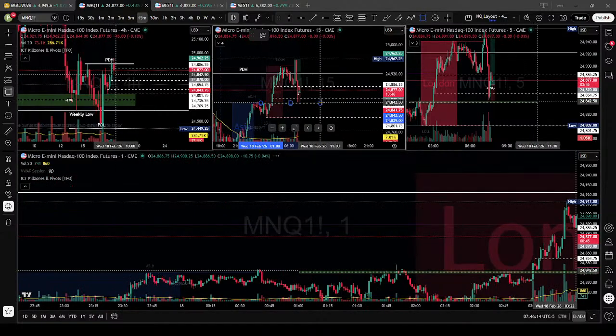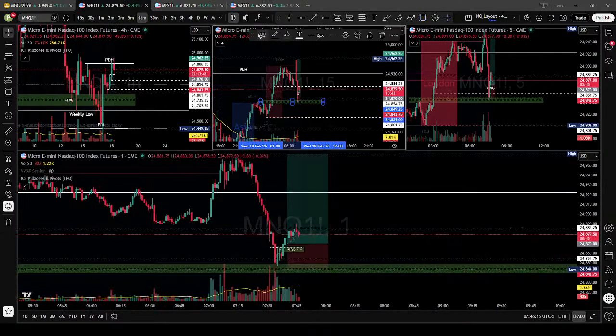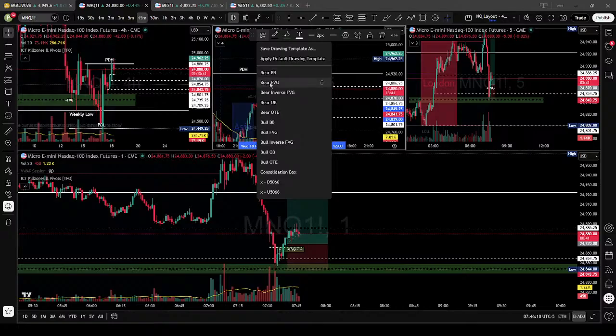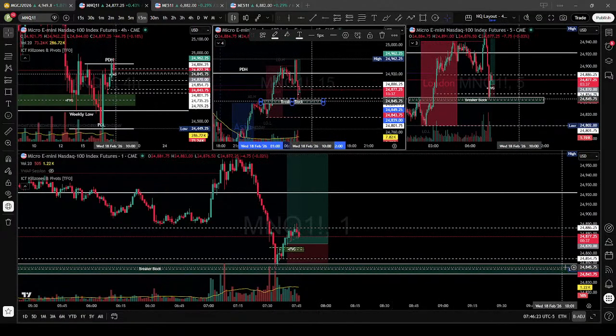Also, there was a bull breaker block right up here.